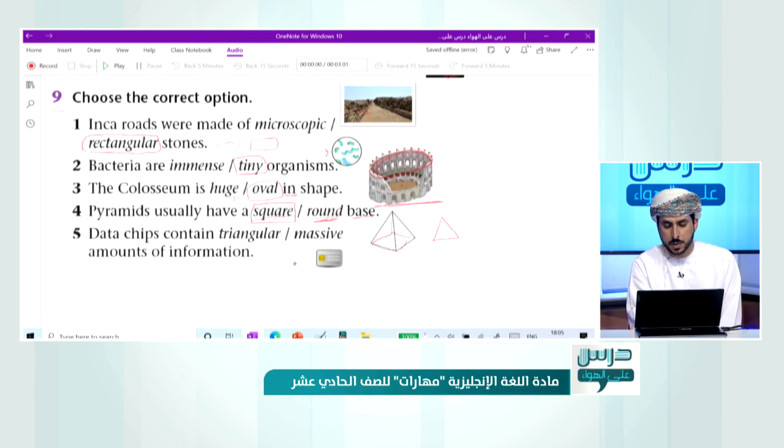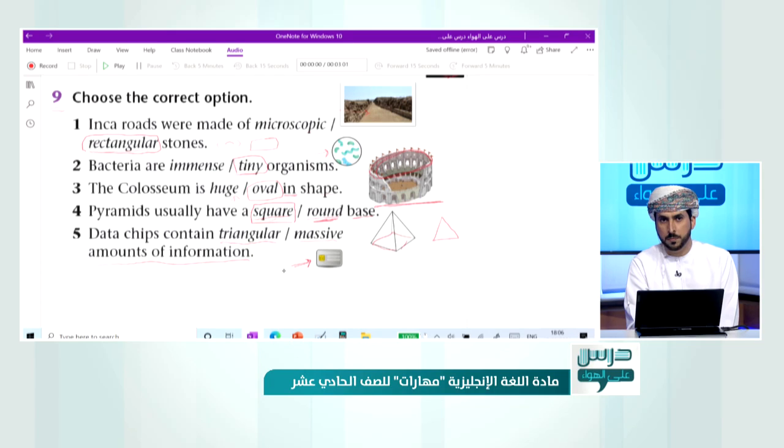Data chips. This is data chips that we use in a mobile phone or in computers and so on. Data chips contain triangular or massive amounts of information. Can we describe the shape of information? Can we say that this information is square or triangular?